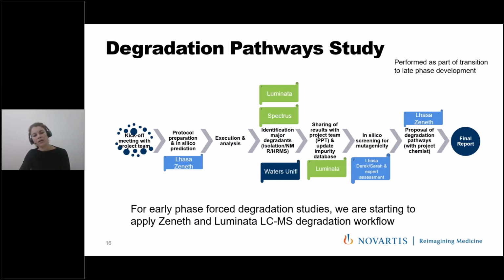We update the team, of course, and the impurity database as just mentioned, and then perform the in silico screening of the major confirmed degradants for mutagenicity with Derek and Sarah, normally, and an expert assessment. And at the end, for the report, we prepare a degradation pathway proposal together with a chemist.